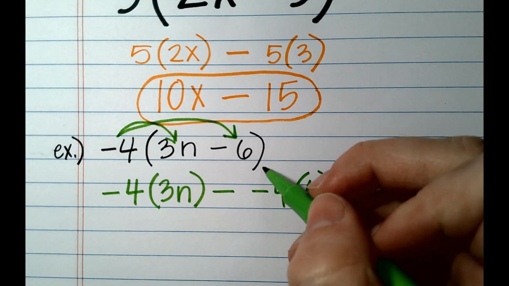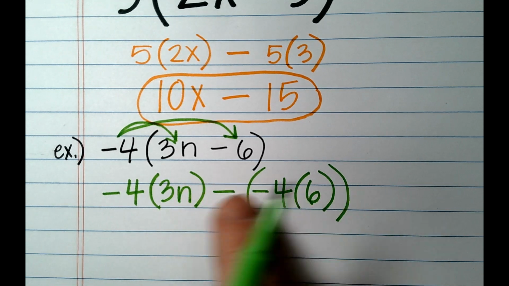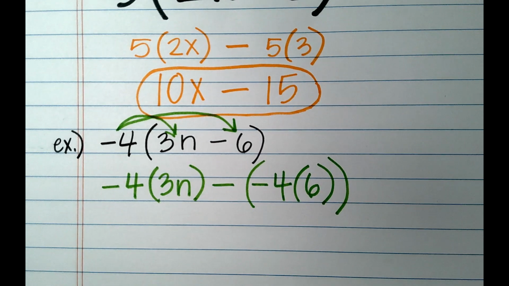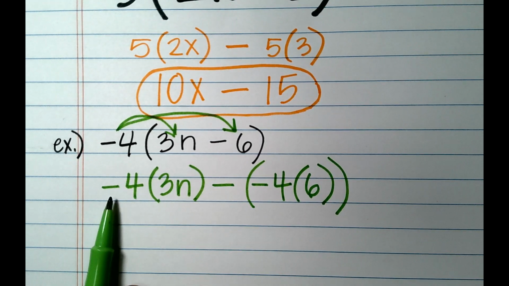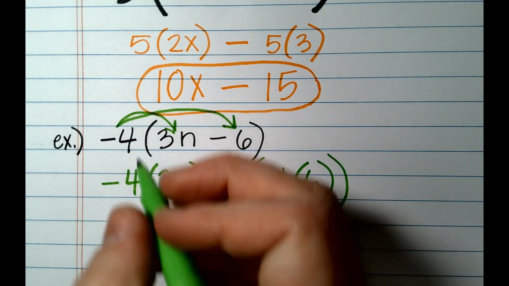And if it helps, you can put that whole thing in parentheses here so that you don't have 2 minuses right beside each other. Sometimes that makes it look a little bit more confusing. So let's do that first part. -4 times 3n. What's that going to give us? -12n.